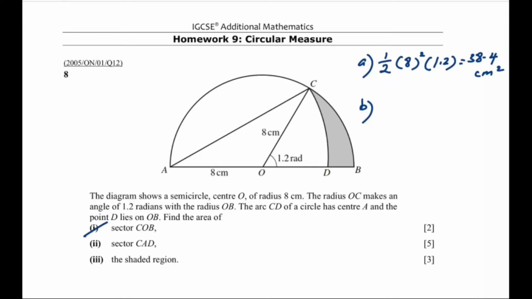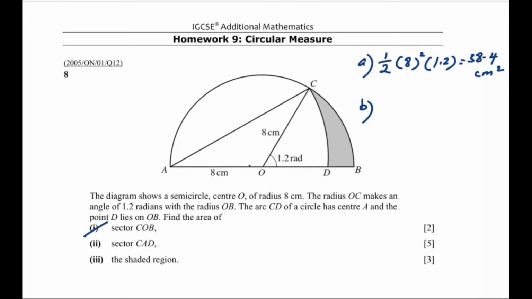Now we have a look at the area of CAD. Meaning we look at this center A, the sector over here. So you need to know the radius here, and then you need to know the angle in radians here. So how do we know the radius here? You need to know the angle here. This is 1.2, this is 180. 180 in terms of radians is pi.